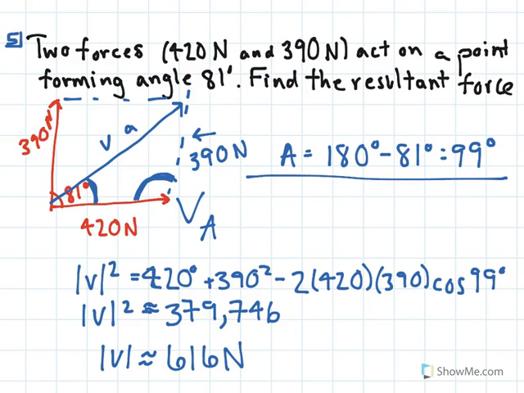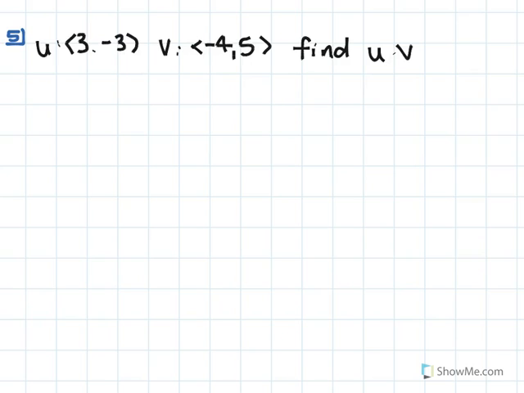In this problem, we're given two components and we're asked to find the dot product. So if we're looking at the dot product of two vectors u and v, their dot product is going to be AC plus BD.